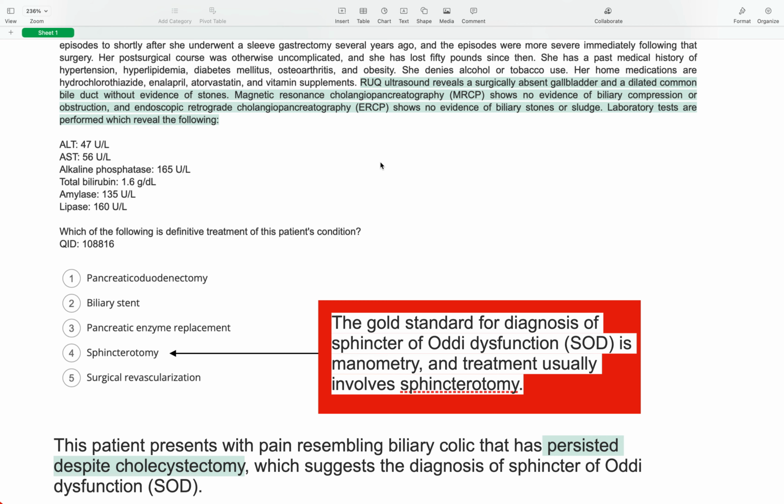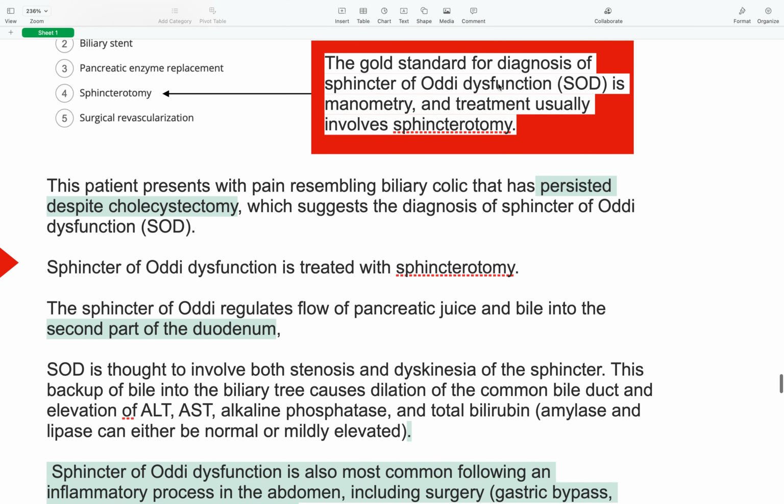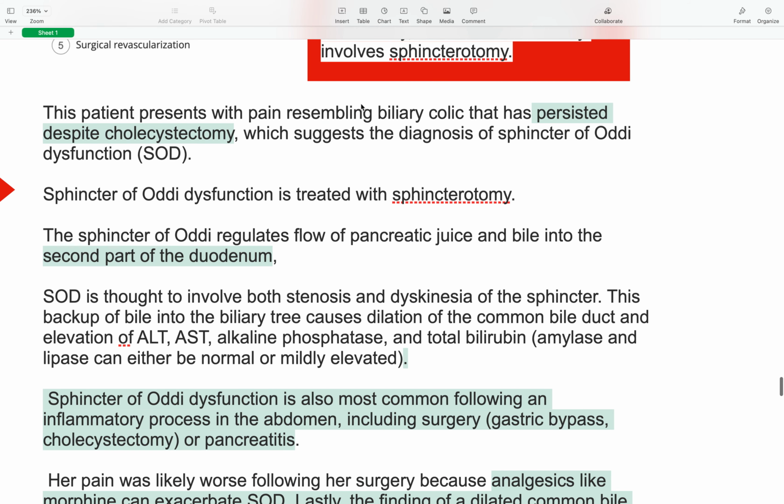Possibly cholelithiasis, we have excluded all that. So the next thing that should come to your mind is sphincter of Oddi dysfunction, where patients present with persistent pain despite cholecystectomy, and it resembles biliary colic.